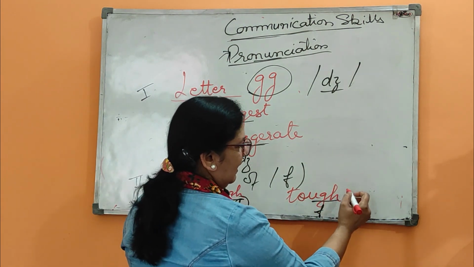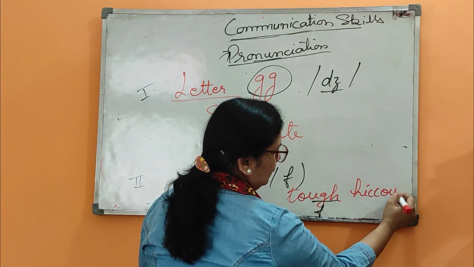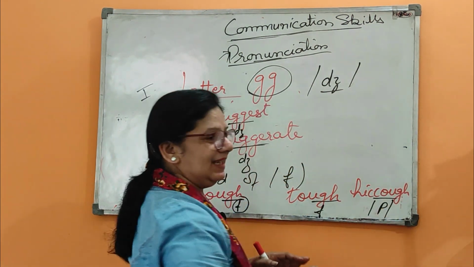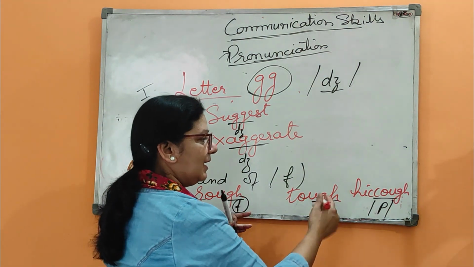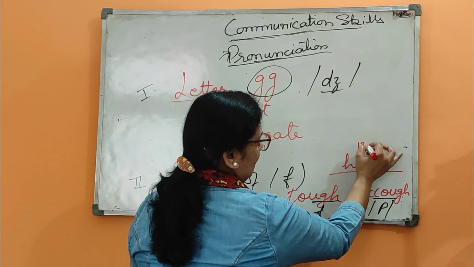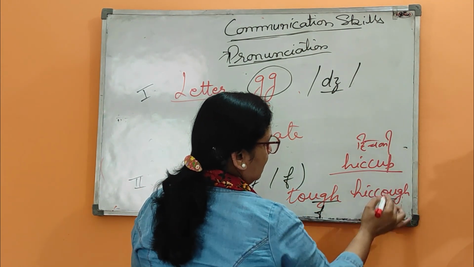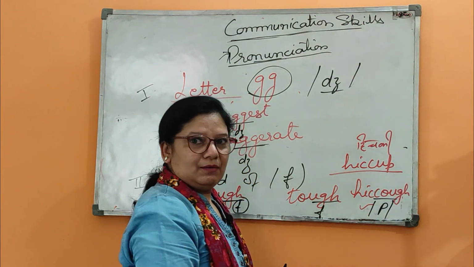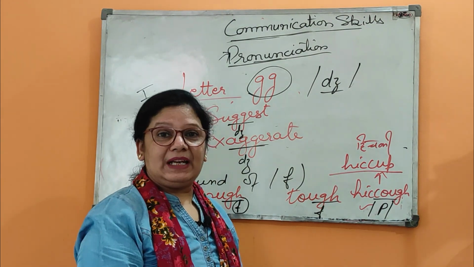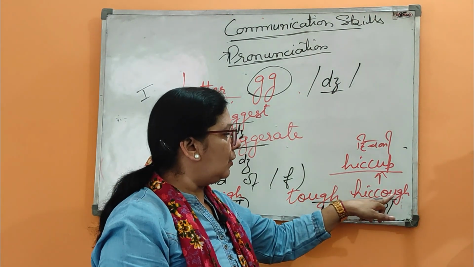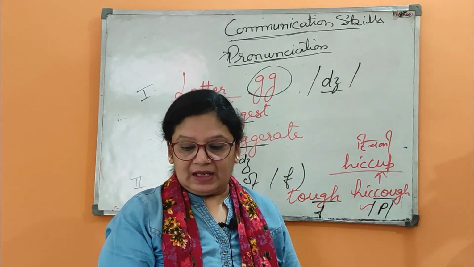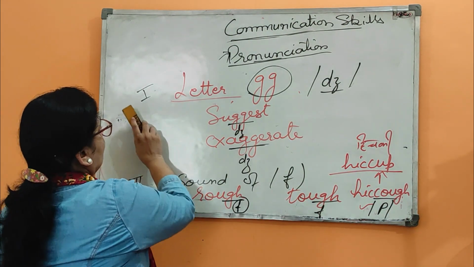If I say hiccough, H-I-C-C-O-U-G-H, here it is pronounced as P, hiccup. The spelling has accordingly changed. We write hiccup, that is what we call हिचकी. Because of the pronunciation of the sound GH, we have come up with the spelling change, H-I-C-C-U-P, not U-G-H. Because they pronounce P, we are coming up with the sound P. These are the sounds of double G.